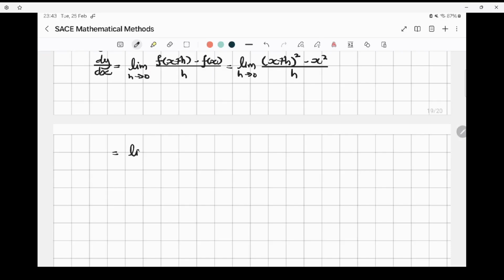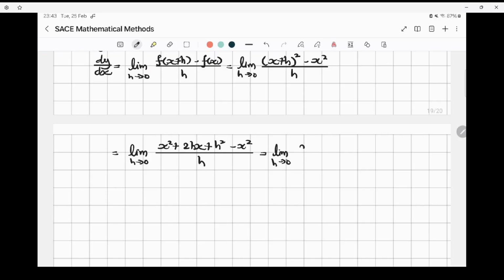So the next step that you need to do is to expand it. So you have x squared plus 2hx plus h squared minus x squared, divided by h. So your x squared actually gets cancelled off. Sorry, not x, h approaches 0.